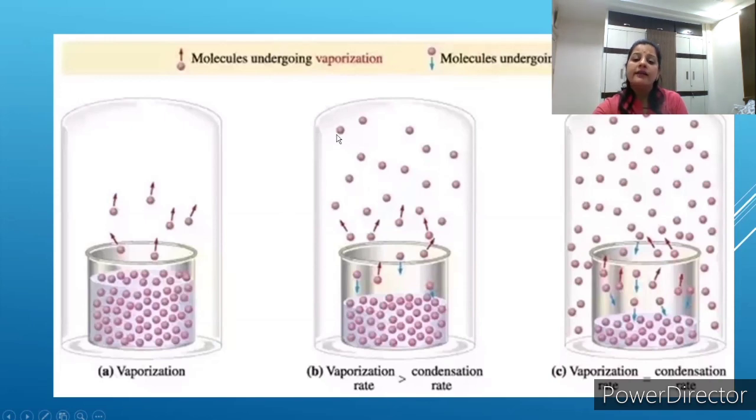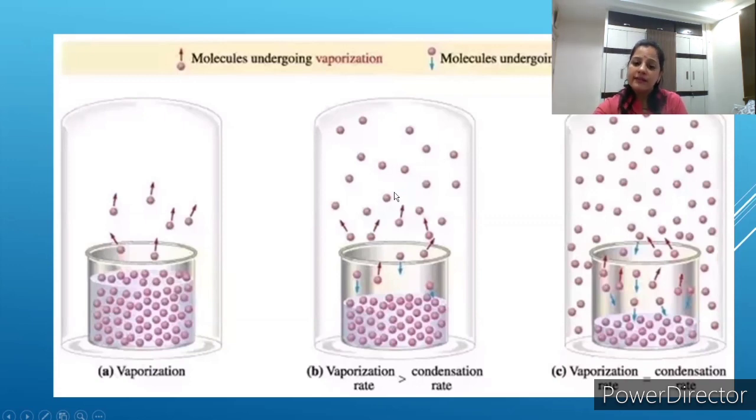And then the rate of condensation. Condensation means the molecule getting converted back into the liquid phase. Now here the water has been converted into the gaseous phase and has formed the vapor. Condensation is the process where these vapors get converted back into the liquid state.